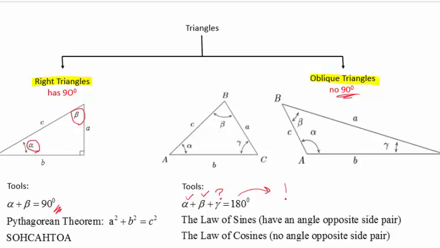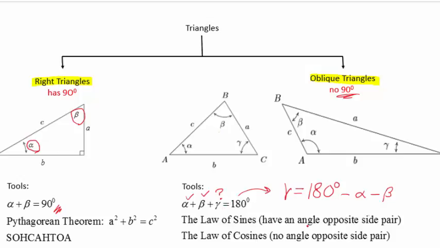For example, here I could find gamma by saying it's equal to 180 degrees minus the angle alpha minus the angle beta. Again, this tool is great because if you ever know two angles, then you really know all three angles. The other two tools that we have for oblique triangles are the law of sines and the law of cosines. Which tool you use depends on which information is given in the problem.